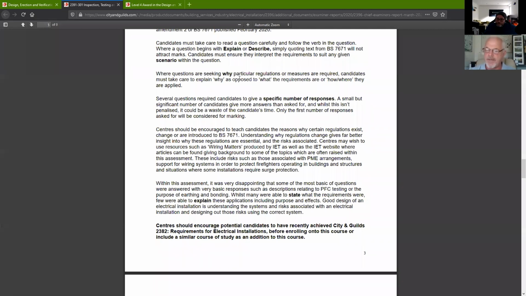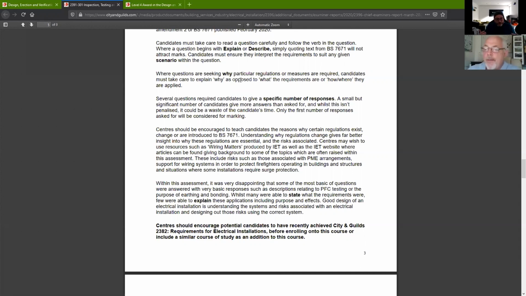They need to have that understanding, that level of knowledge, and be able to then put that into words, and that isn't always very easy, is it? If you were responding to a question about the need to consider the presence of bonding, you're not going to say I'm going to install bonding to regulation blah blah blah. You're going to say the need to determine things like voltages, touch voltages, potential differences, to understand the purpose and the intent of the bonding.